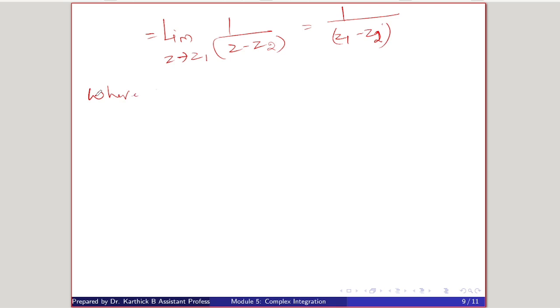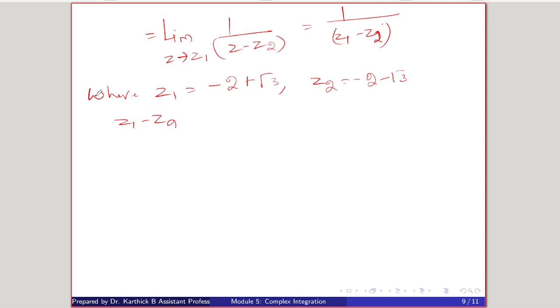So what will be the next step? Limit z tends to z1 of 1 by z minus z2. Then if I substitute z as z1, it will be 1 by z1 minus z2. What are our z1 and z2? z1 is minus 2 plus root 3, and z2 is minus 2 minus root 3.